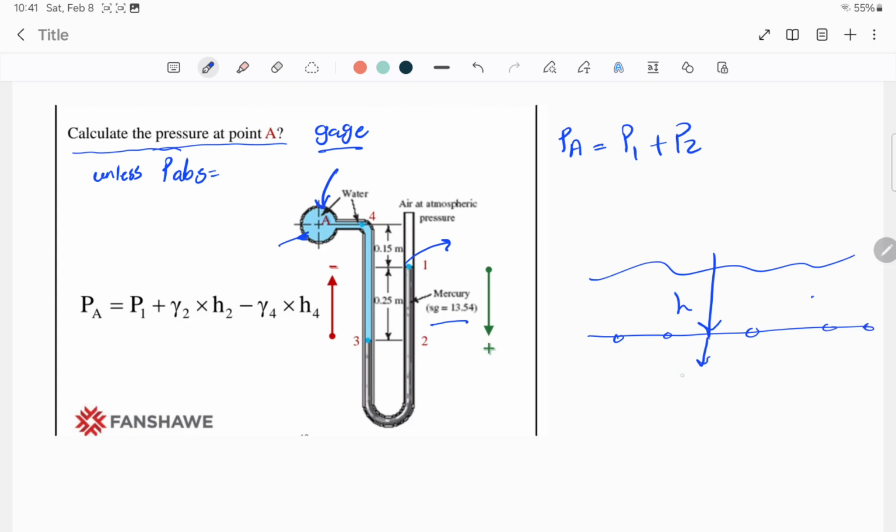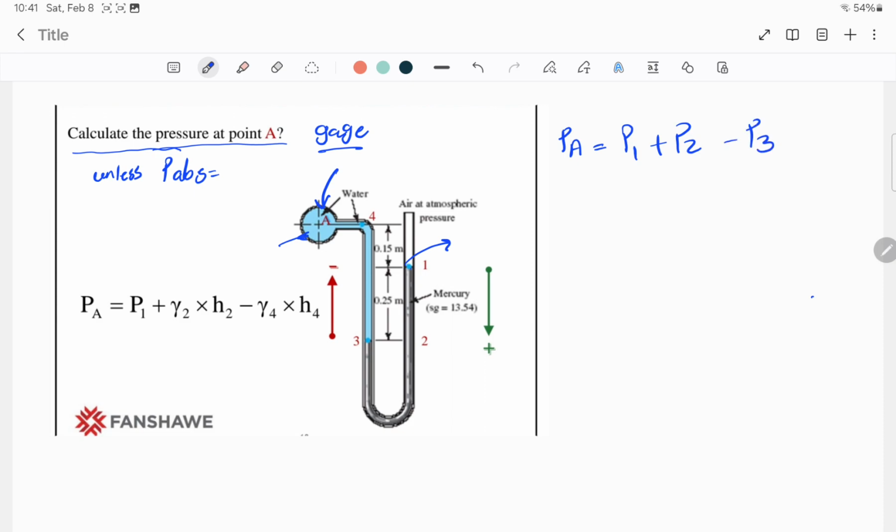If you go a little bit down, it becomes different. So for P2, you're not going to include this, because it's the same liquid and it's at the same level.